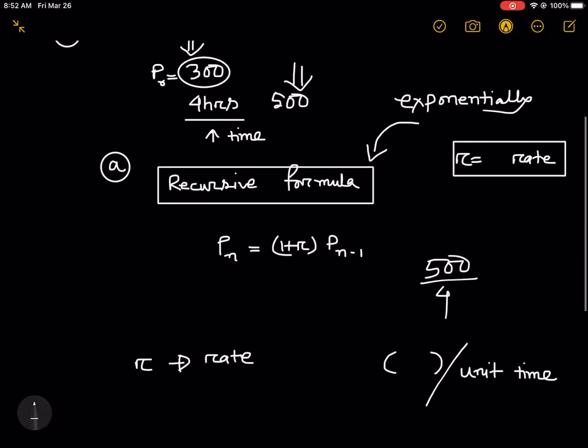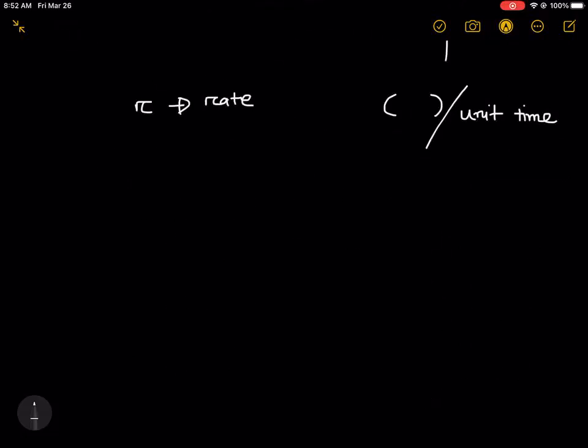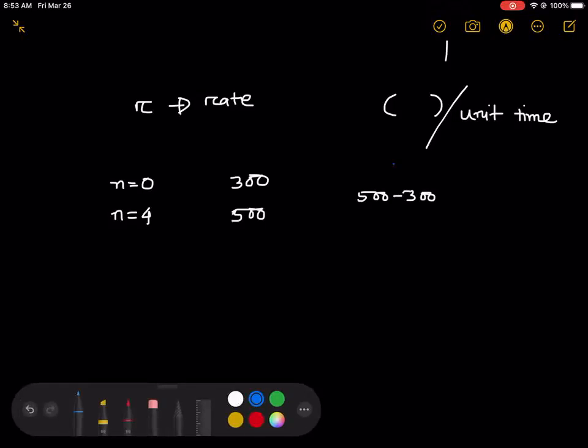So as we're looking for the rate, that means we can use this way. Initially, when n equals 0, our population was 300. And when n is 4, our population is 500. So the change is 500 minus 300. That's the change, by the way. That's not the rate.